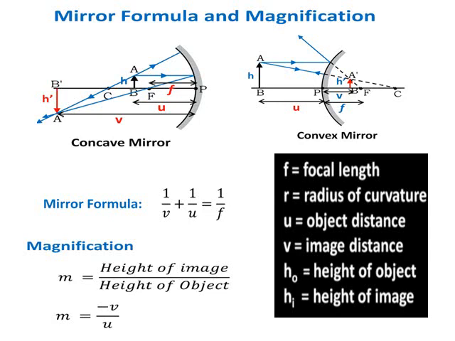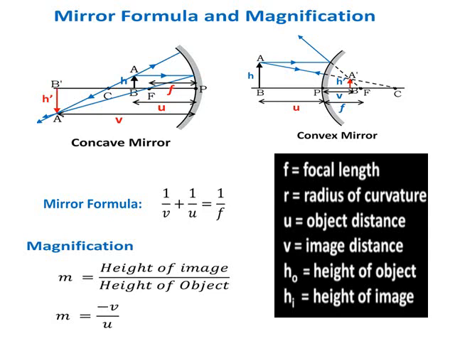Height of the image we represent by the letter HI, and height of the object is referred to as HO. When you do problems, especially during examination, you must work out whether it is HO by HI or HI by HO. So be thorough. Here it is HI by HO.